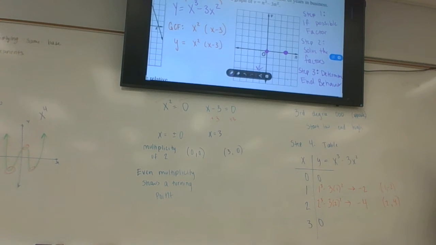I got 1, -2, and I got 2, -4. I start low, move through the points, and end high. And that's a good positive third degree polynomial.